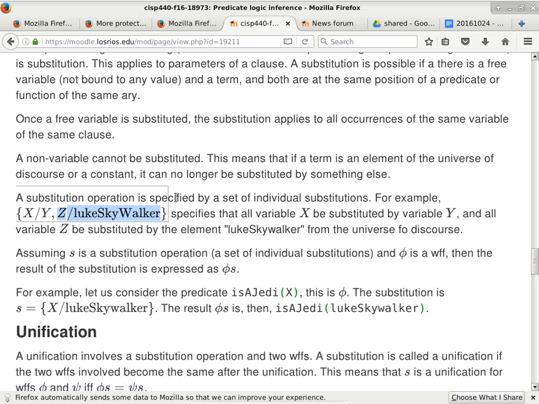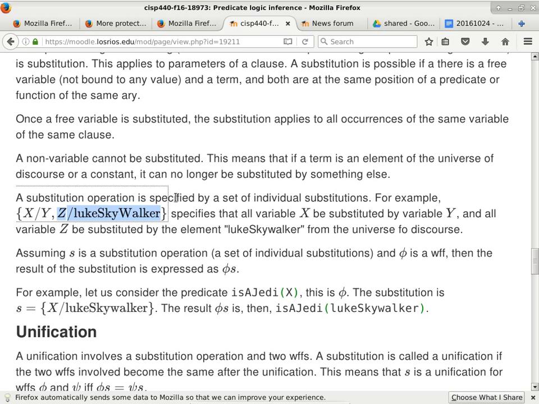So the slash does not mean division, like in C or C++. The slash really is separating what is the original thing and what you are replacing it with. Is that part okay? The concept of substitution? Okay.